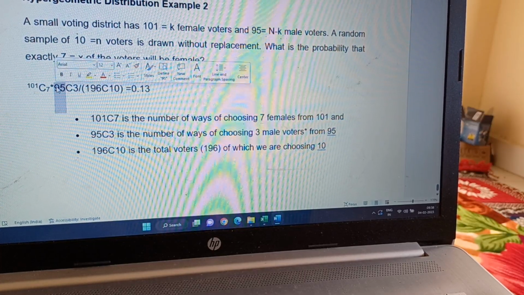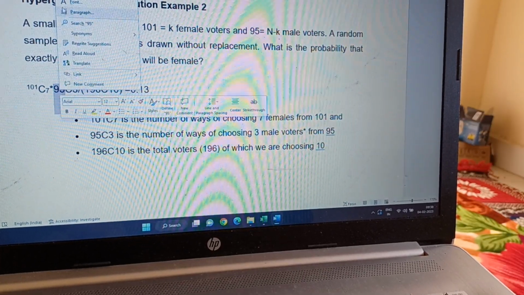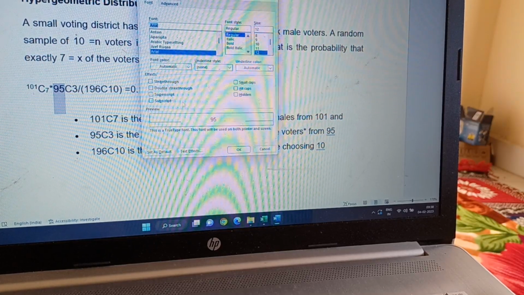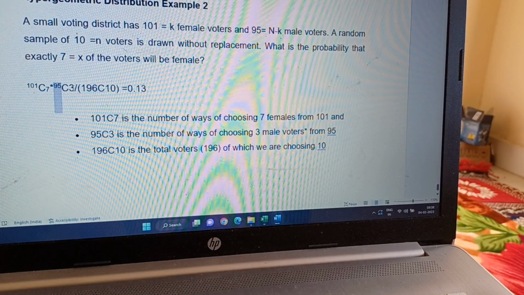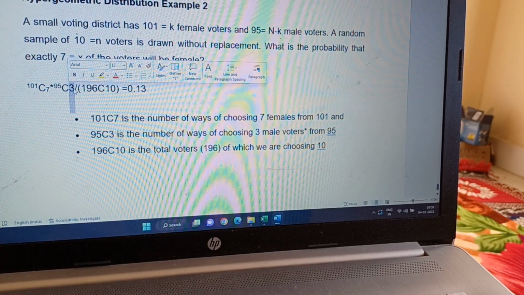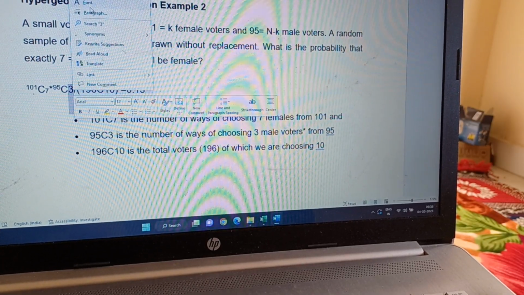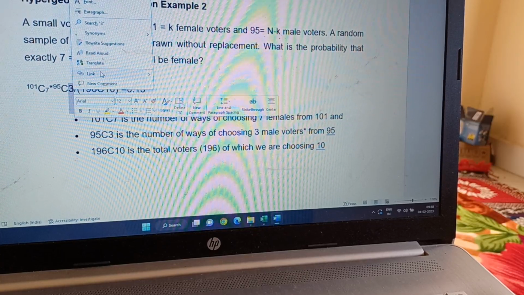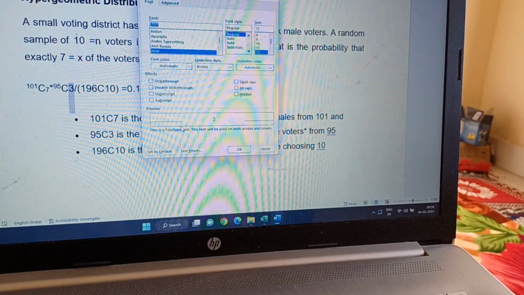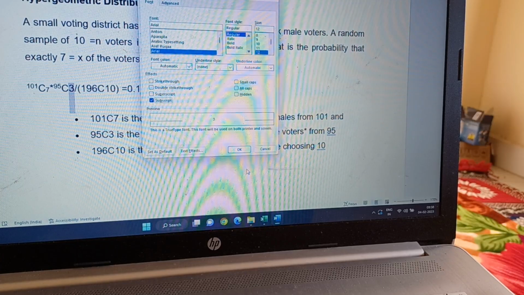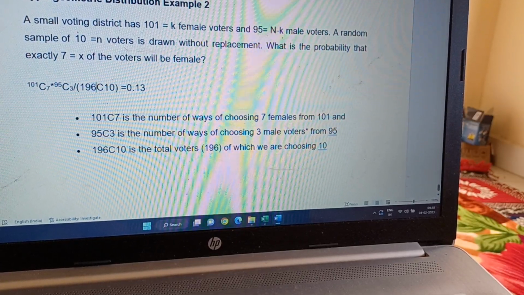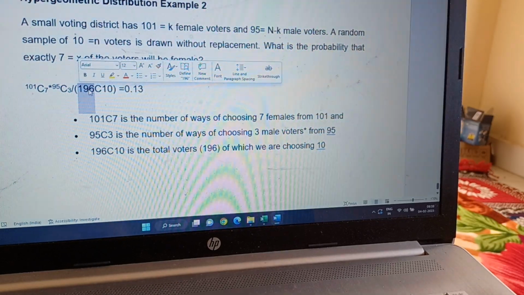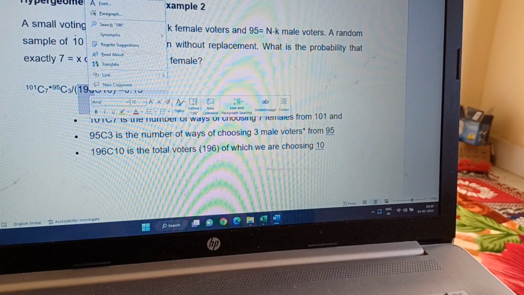So let me convert this also, and you will be able to read it more clearly. And then C is also, though this is not required, you understand it, I know, but I am doing it only to teach you how to write this combination in a Word document.